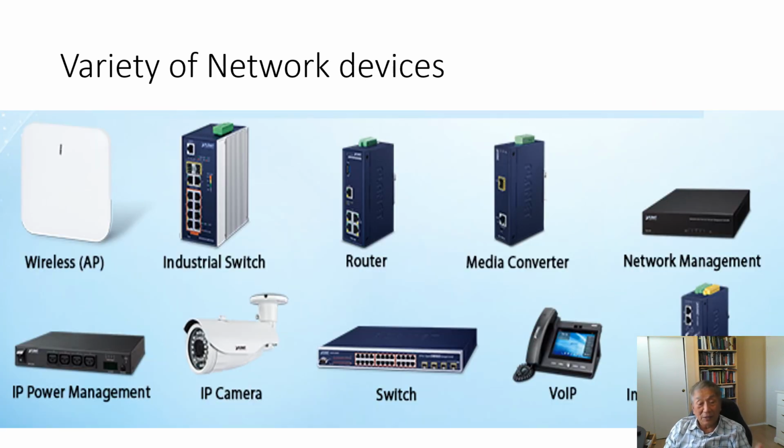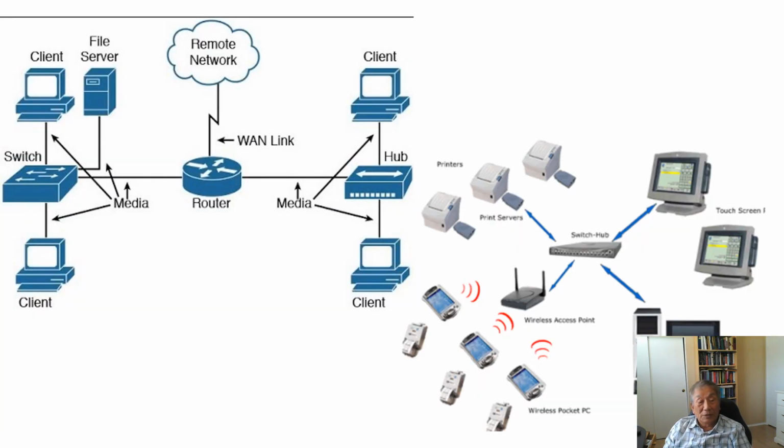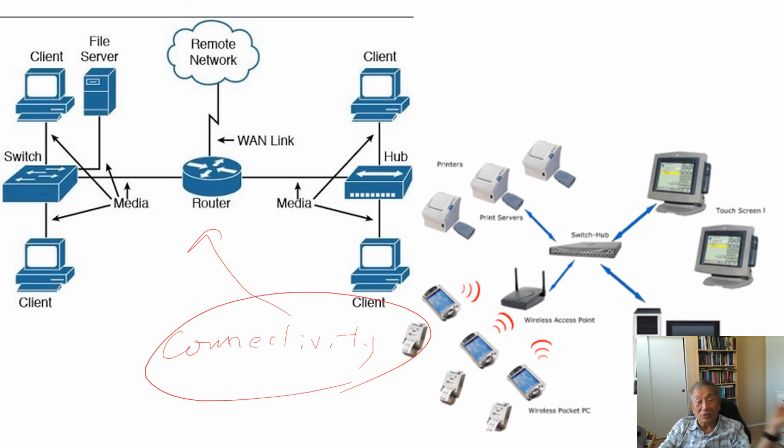There are many shapes of devices that relate to network operation. I just have some pictures; the important thing is network connectivity. We must connect, especially in this pandemic when nobody sees each other. So through the computer, we connect with others.